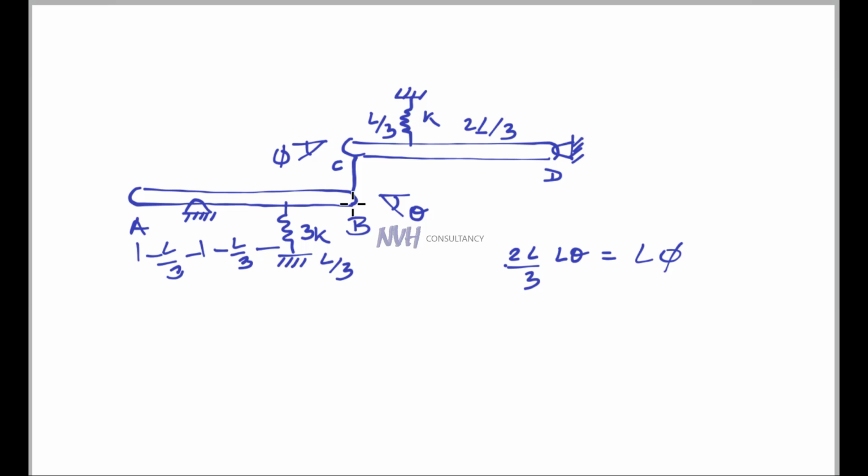If you consider 2L by 3 from this pin location, that will be equal to L phi. So in other words, phi is equal to 2 by 3 theta. This relationship we are going to use when we derive equations. So let's do this again.